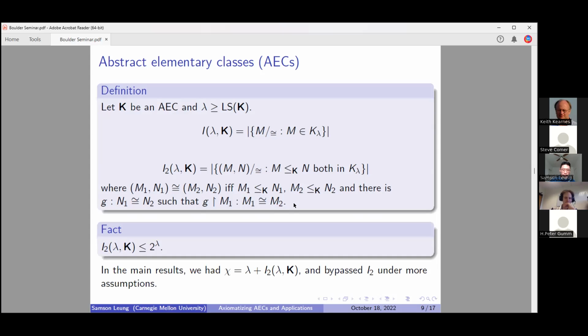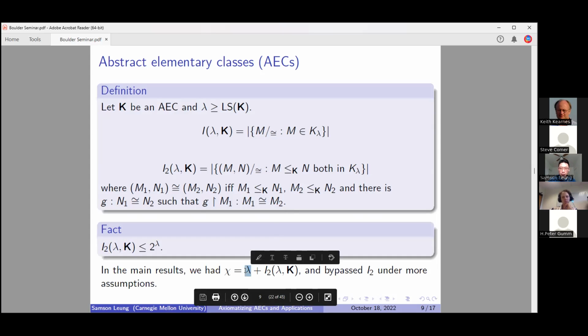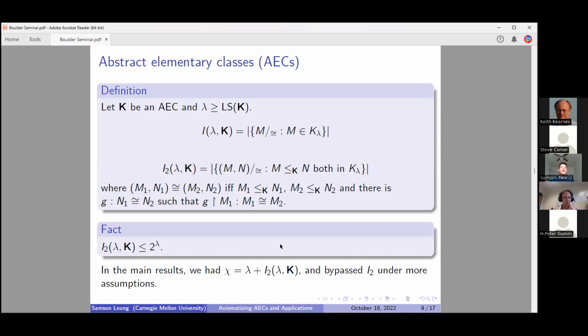So in my main result, I mention the cardinal chi a few times, and let me record it. Chi is lambda plus I_2. So you can see it's between lambda and 2 to the lambda. One naive approach when we try to improve this result is to assume more properties of the AECs, and maybe we know better about I_2.